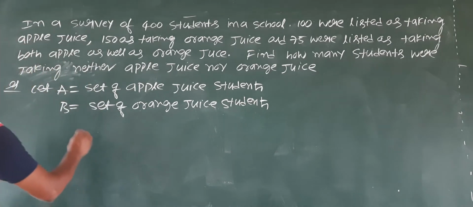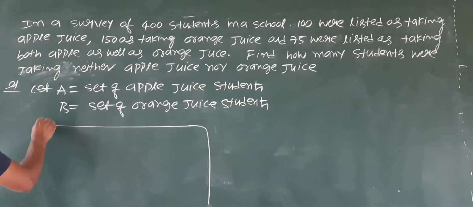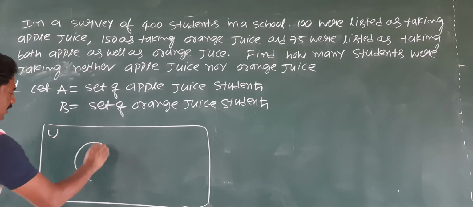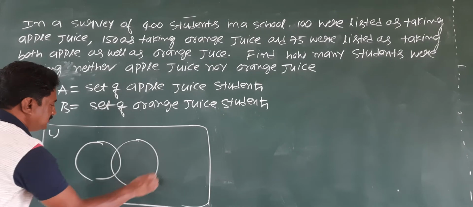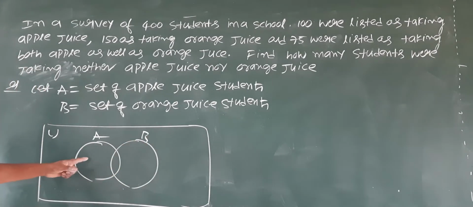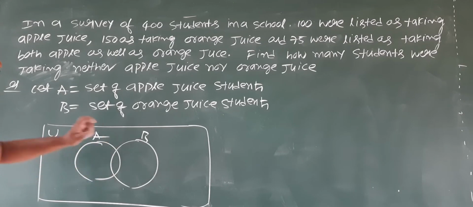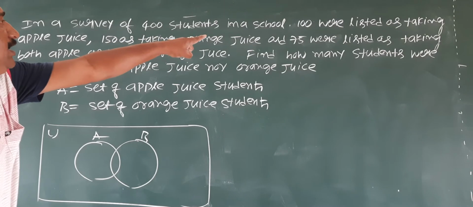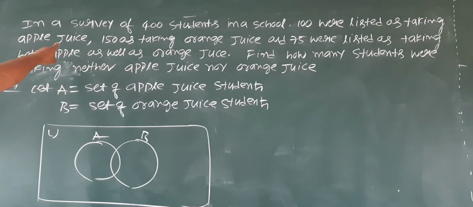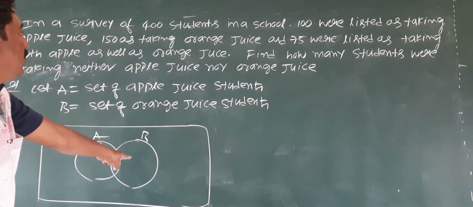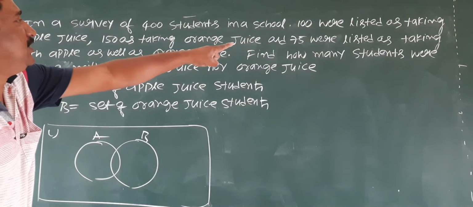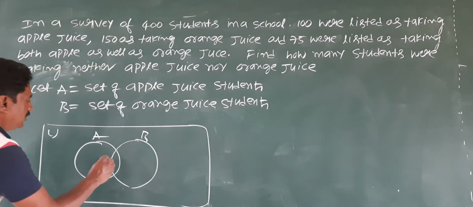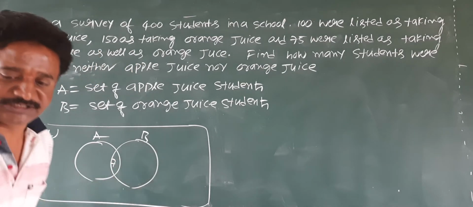Now I go for drawing the Venn diagram. This is set A, and this is set B. So A minus B, B minus A, and A intersection B. Total students are 400. In a school, 100 were listed as taking apple juice, 150 as orange juice, 75 were listed as taking both orange as well as apple.